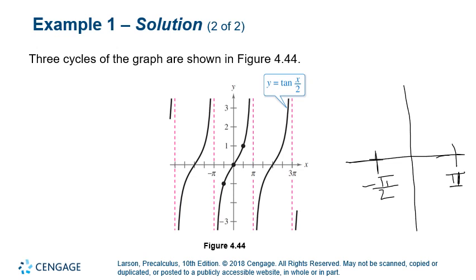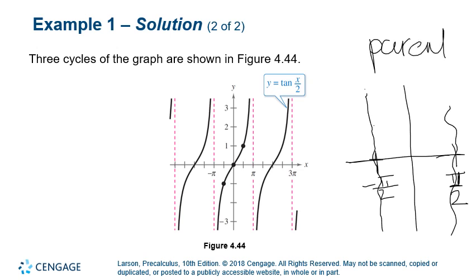This is the parent, tan x. You can see how the 1/2, that B being 1/2, has changed the asymptote location. The graph is still essentially the same. We don't have a lot of different behavior going on, and tangent won't vary that much. But this is what it looks like when you have a change in the frequency.